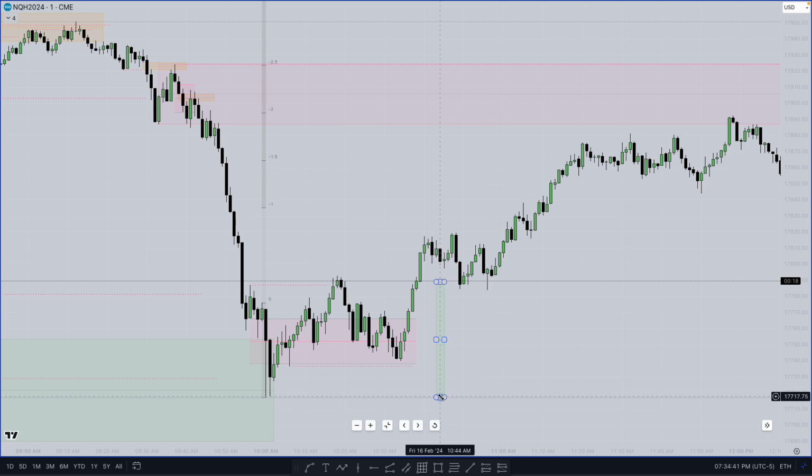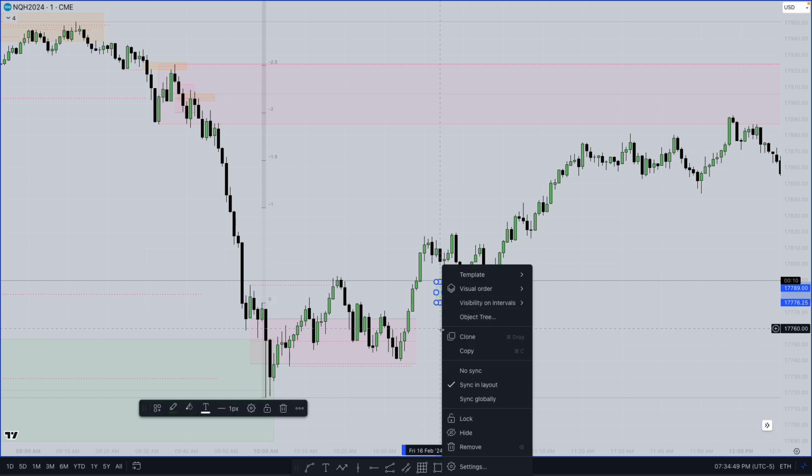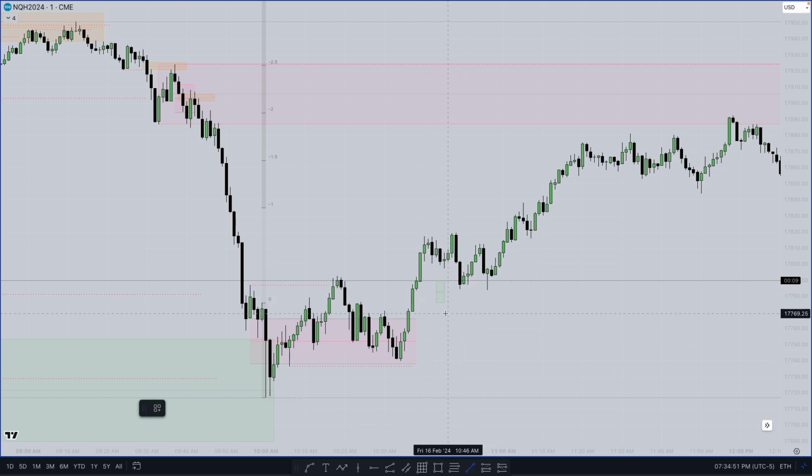Okay. So this candle is looking like this at the time.